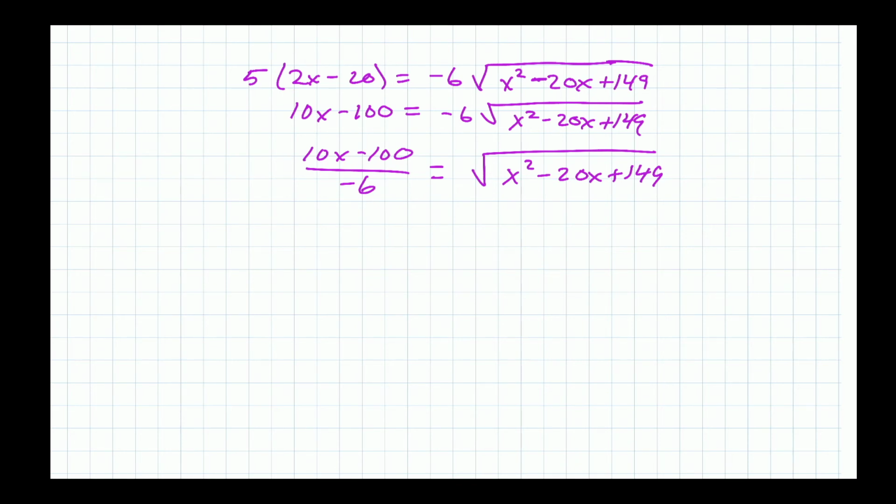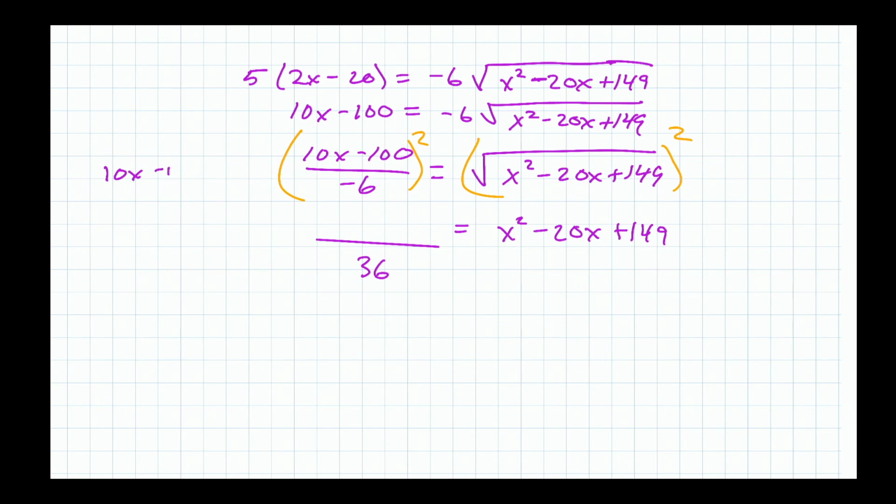On the right hand side, it just cancels out the square root. So you get x squared minus 20x plus 149. On the other side, negative 6 squared on bottom is 36. On top, you have (10x minus 100) squared.